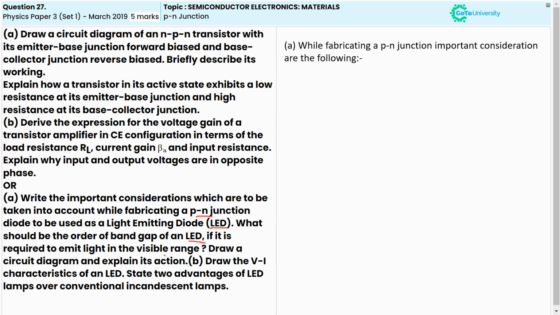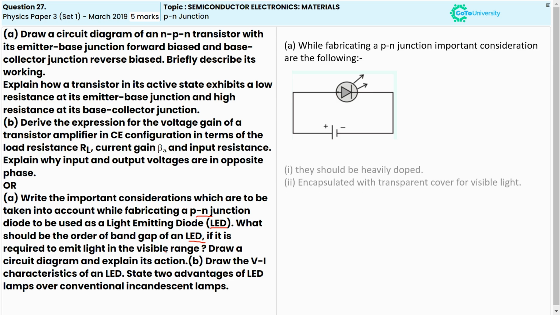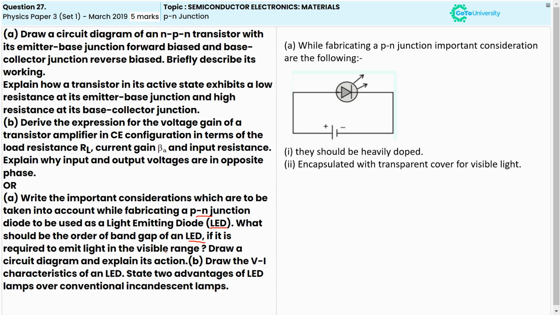While fabricating a PN junction, the important considerations are the following. Like this is the junction circuit, connected to the battery, with positive and negative terminals. The first point is that they should be heavily doped.